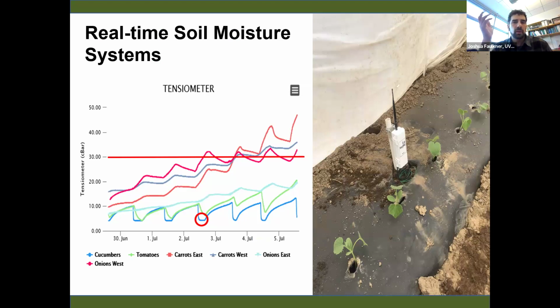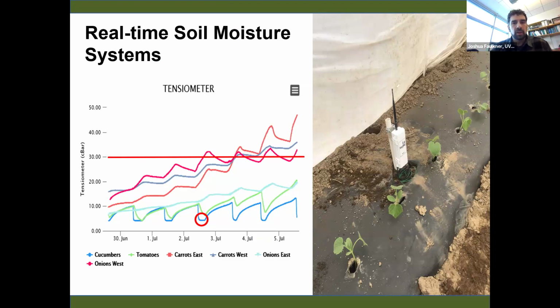And that's what I'm showing here, just a snapshot of a couple weeks of soil moisture sensor readings. The red horizontal bar at the top is showing these three crops, the carrots and the onions, all went above the recommended soil moisture tension, meaning they're getting very dry. So you can see this in real time.